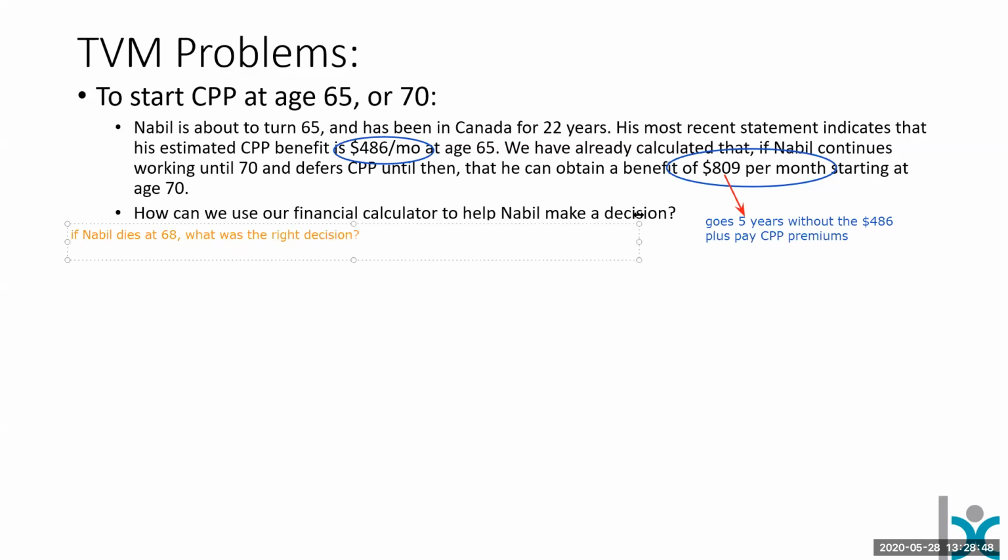Then he should have started at 65, right? Notwithstanding any survivor benefits or whatever the case is. If he dies at 72, what was the right decision? Probably 65, right?